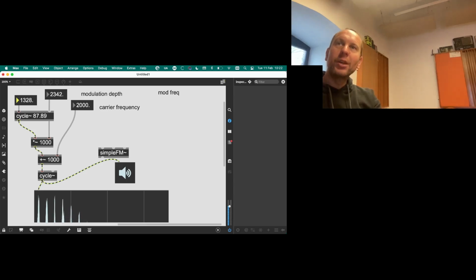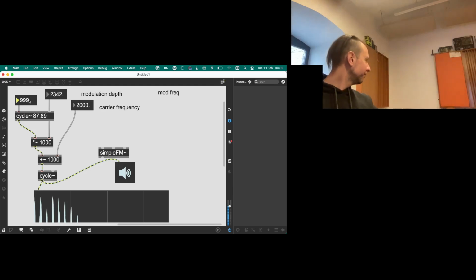And then at some point again, well, here it's already a bit cleaner, right? But then it again gets dissonant. And there will be something in between, but definitely when I get to 1000, it cleans up. Okay, so that's the character of the modulation frequency parameter.